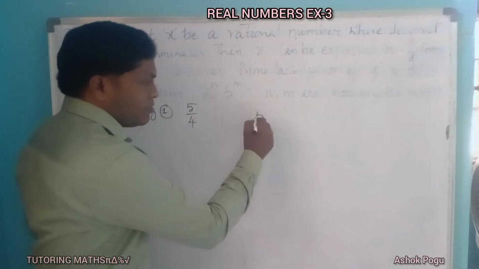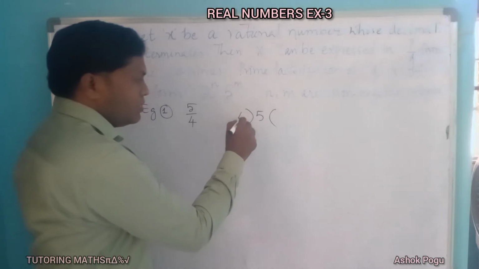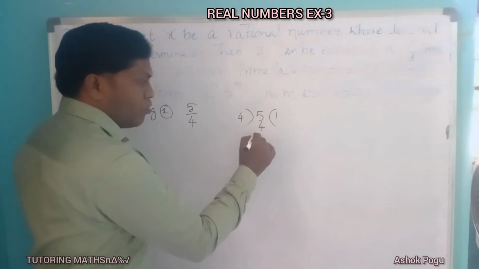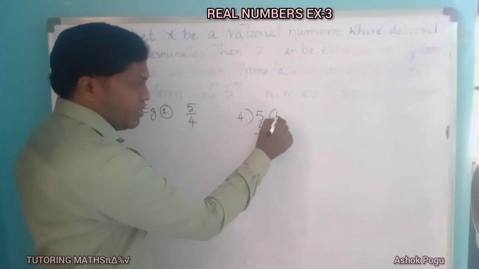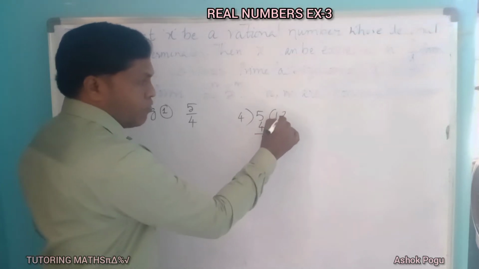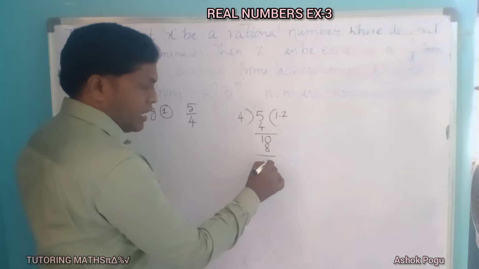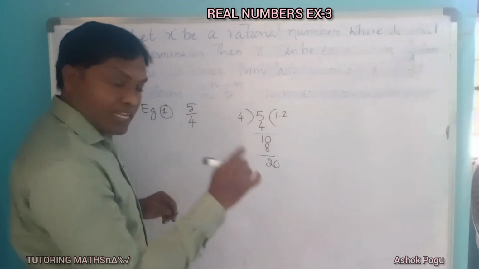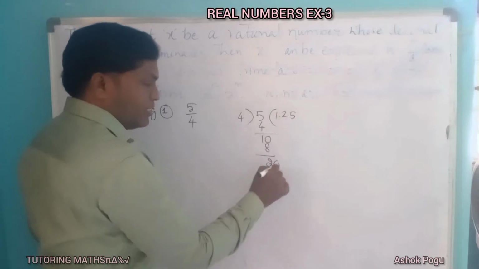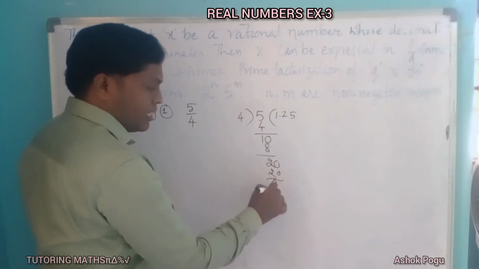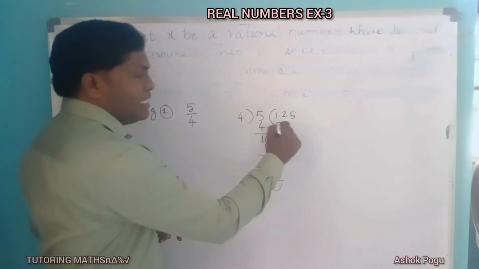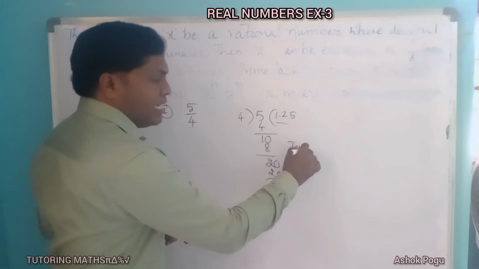We have to divide 5 by the denominator 4. 4 ones are 4. 1 is the remainder, then the decimal point. 4 2s are 8, and again we get 2. Already we kept a decimal point, so you can take 20. 4 5s are 20. So here when you get remainder 0, then you can say that this is terminating.